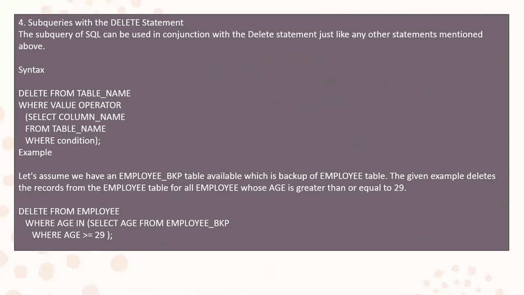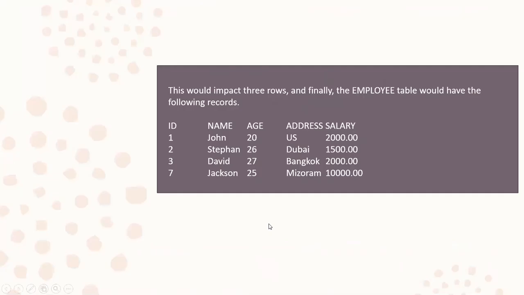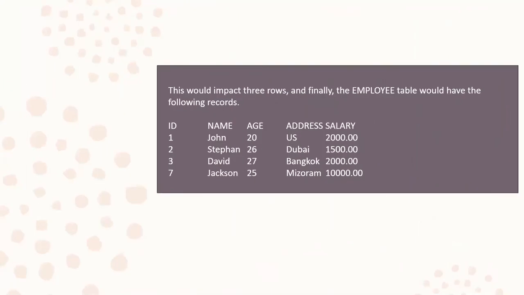So the query is DELETE FROM employee WHERE age IN (SELECT age FROM employee backup WHERE age >= 29); This would impact 3 rows, and finally the employee table would have the following records. The 3 records are already deleted, so the remaining 4 records will be displayed.